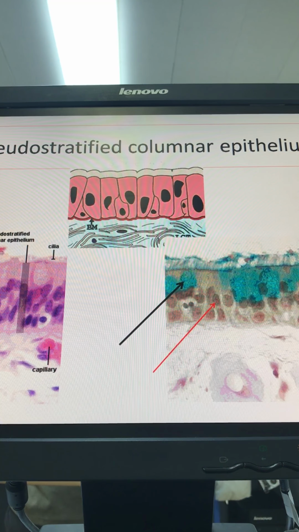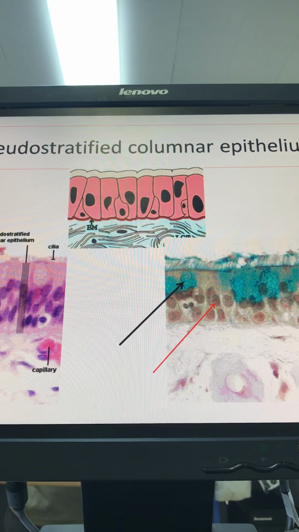What is the structure here? Mucus. And the goblet cell actually extends downward here. This is the nucleus of a goblet cell. Here we have a special stain to show the mucus, to show goblet cells.